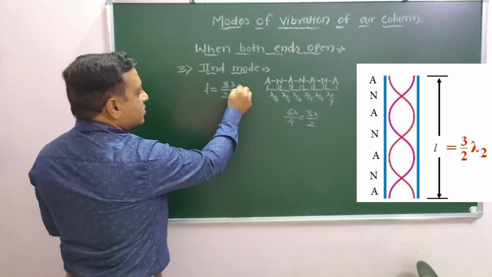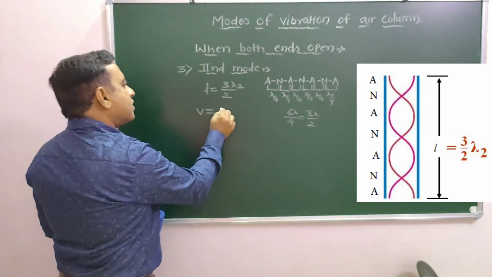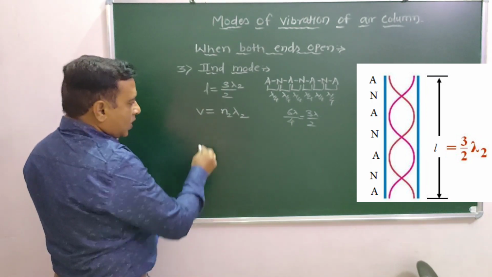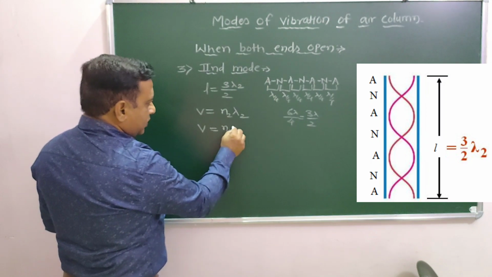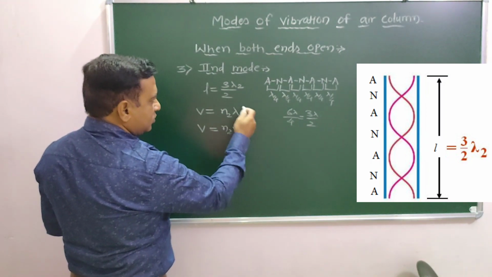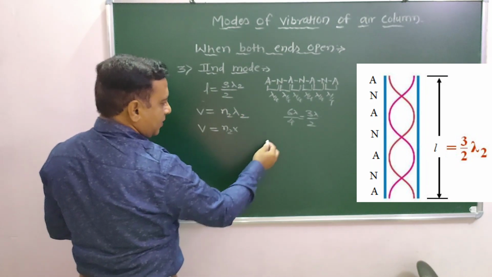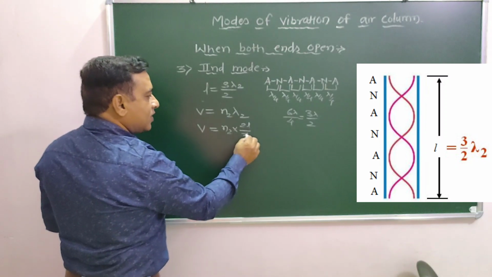What about the second mode, sir? It is suffix having lambda 2. So V is equal to N2 lambda 2. What about lambda 2? 2L upon 3.